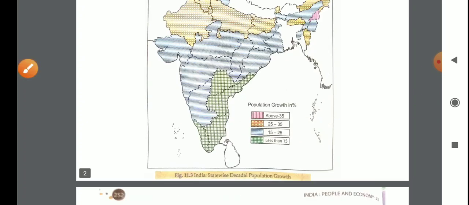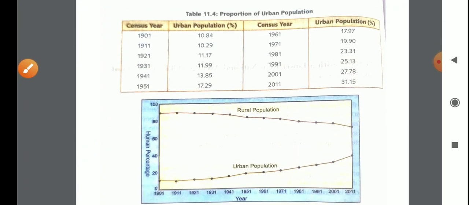Come to the next. This is about the urban population growth rate in urban areas. This is not about the growth rate, but actually the number of people living in urban areas out of the total population.